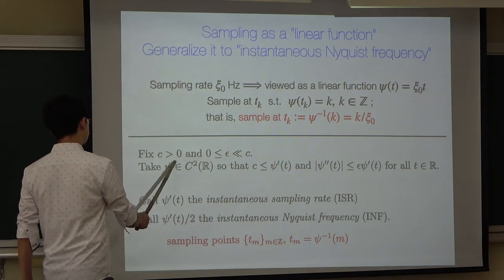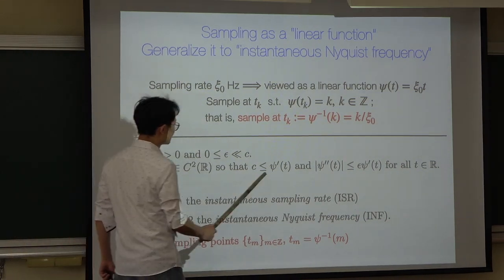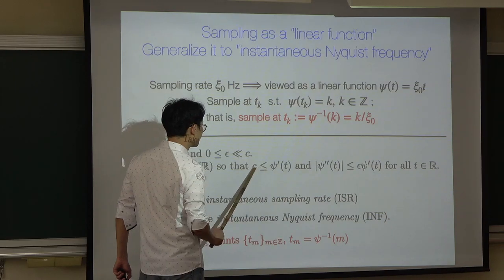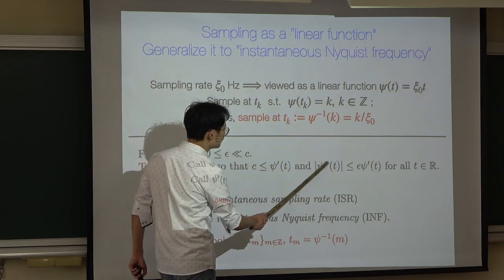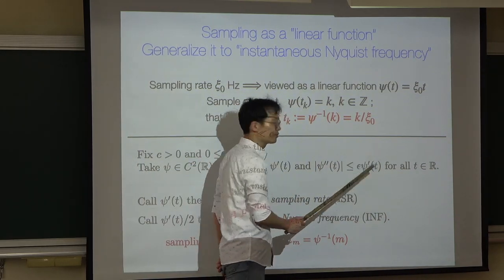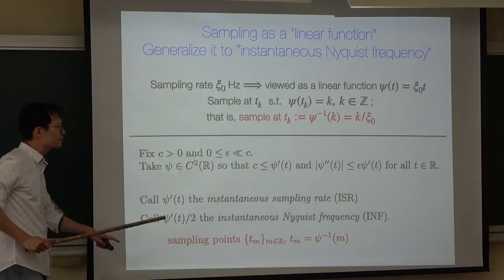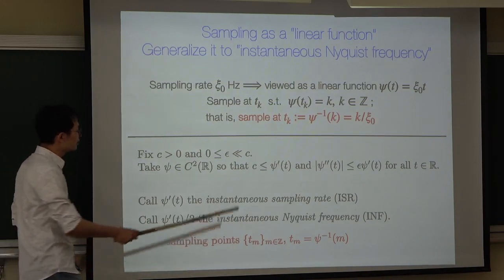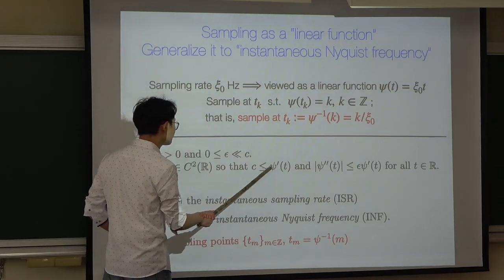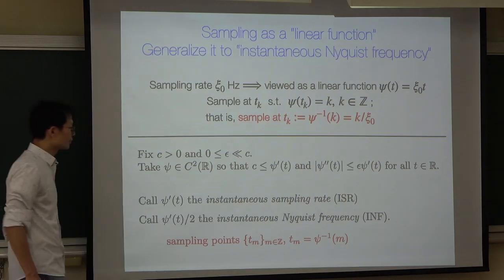Then you take a C2 function psi such that psi prime is greater than or equal to c, and its derivative is less than epsilon times psi prime. That means this function is C2, doesn't change too fast, and is sufficiently larger than c.